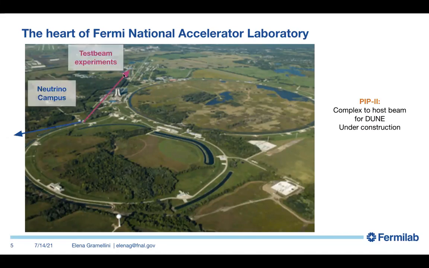The test beam experiments are down here. So when your beam is extracted from the main injector, it goes into this line. When it's extracted for your neutrino experiments, it actually goes to the neutrino campus, which is in this direction.